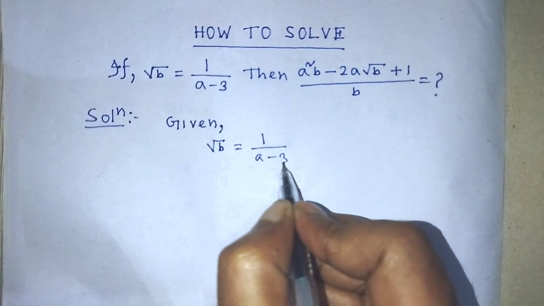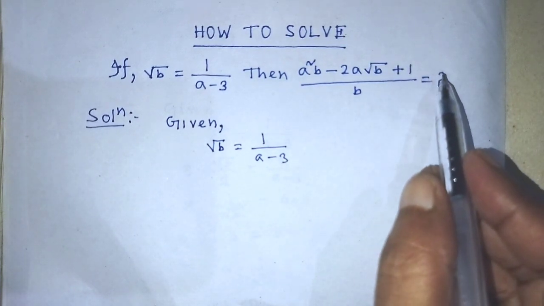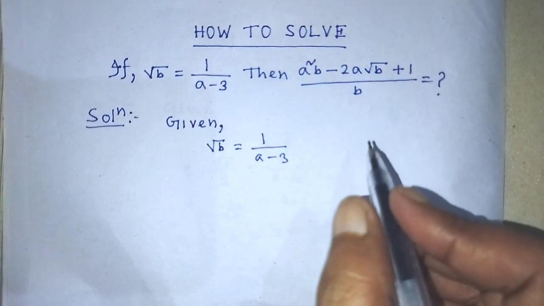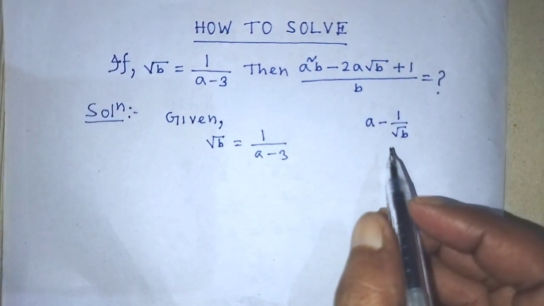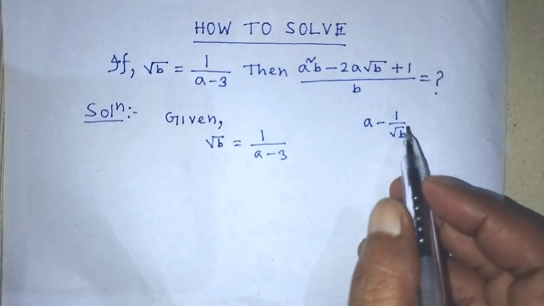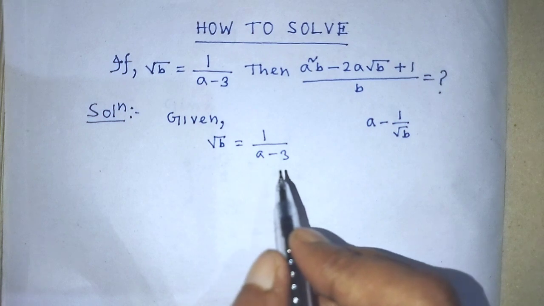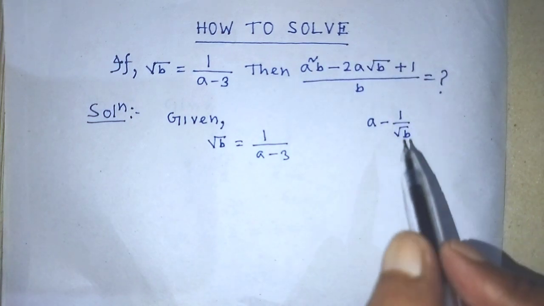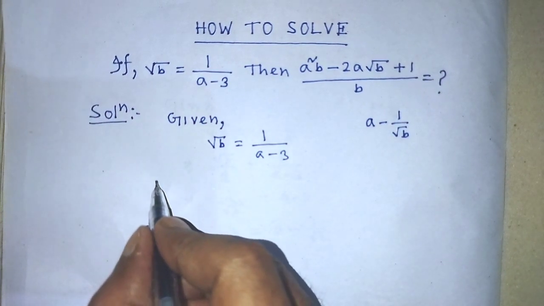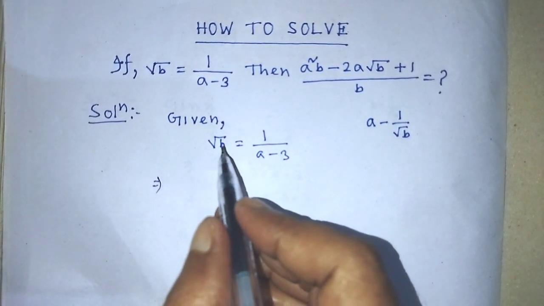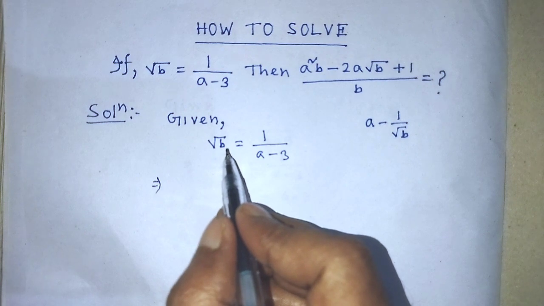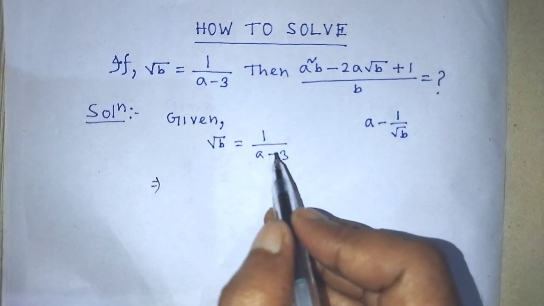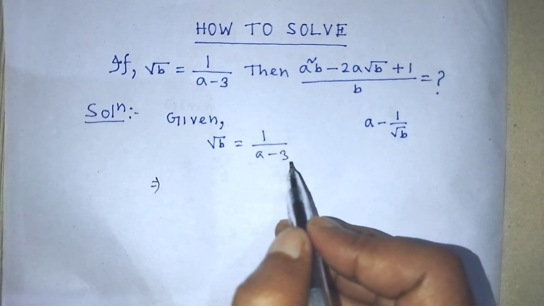So student, to find the value of this algebraic expression, first of all we have to find the value of a minus 1 over root b from this equation. Then we are able to find the value of this algebraic expression. In this equation, on the left hand side here is root b and on the right hand side here is 1 over (a minus 3).